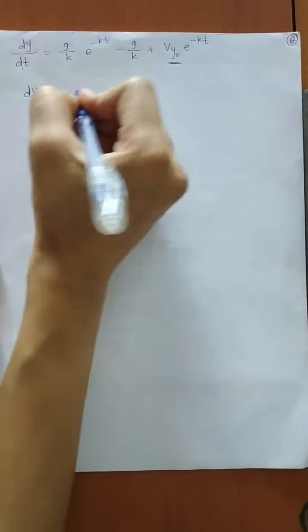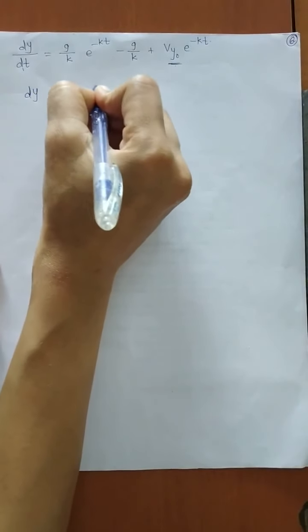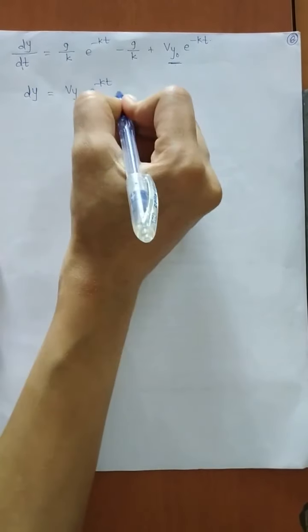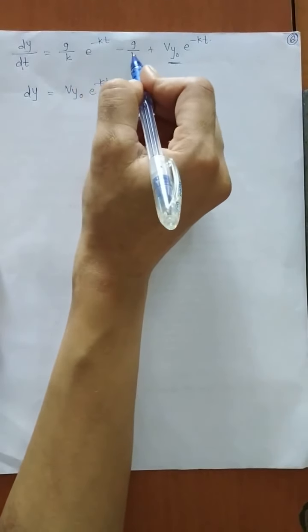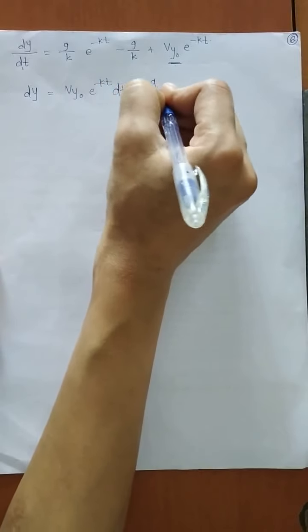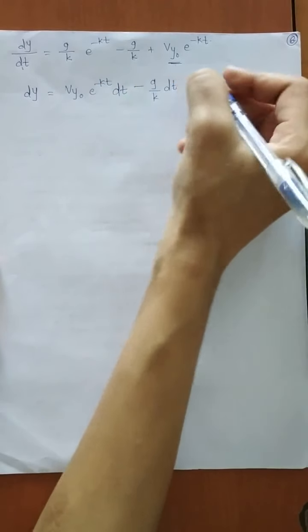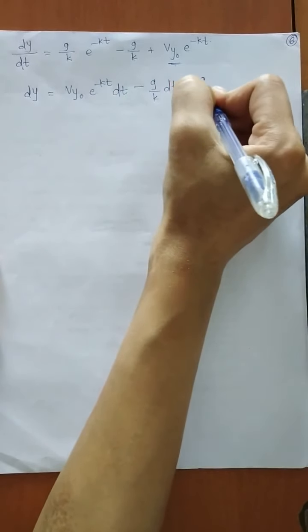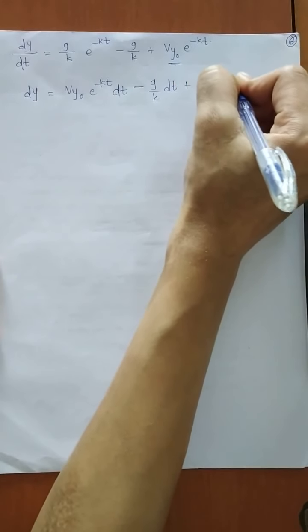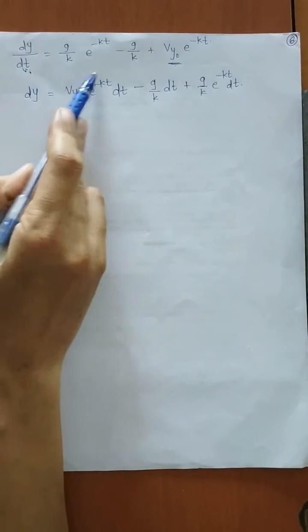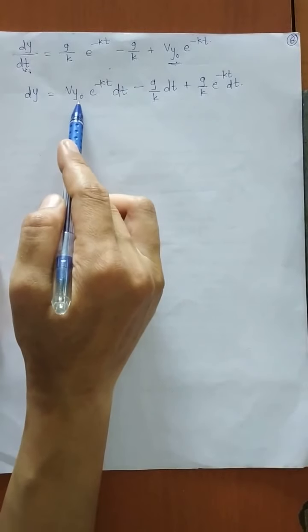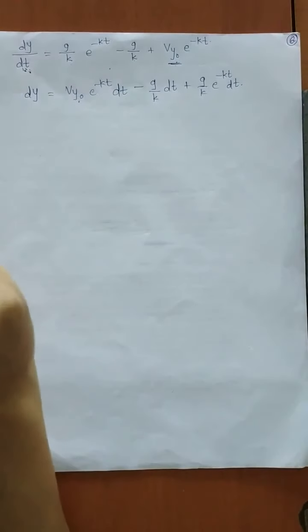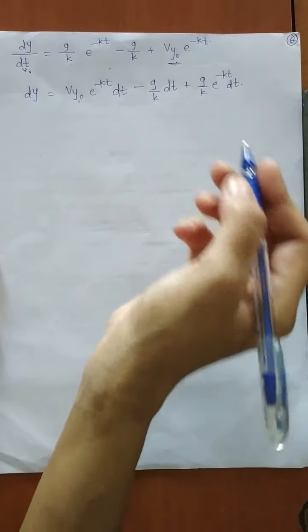First I am going to write vy naught e raised to minus kt into dt. Next I will write the middle term, g by k into dt, and last g upon k e raised to minus kt into dt. What we did? We took dt on RHS and I have just taken the third term at first position and the first term at third position just for the sake of simplicity.